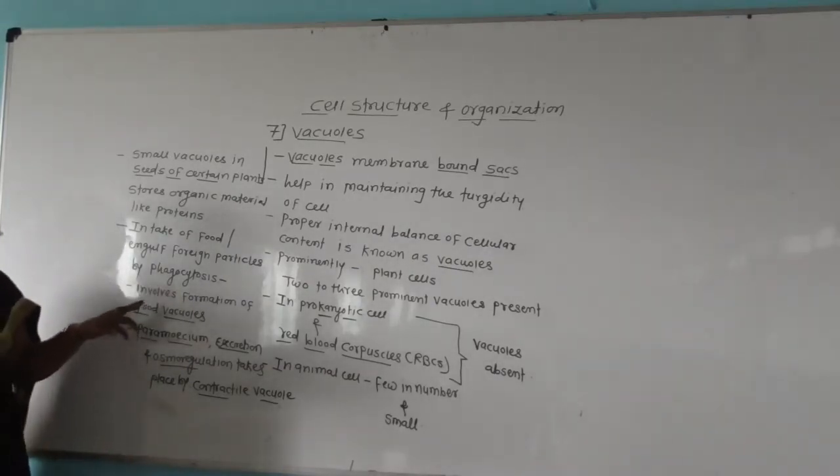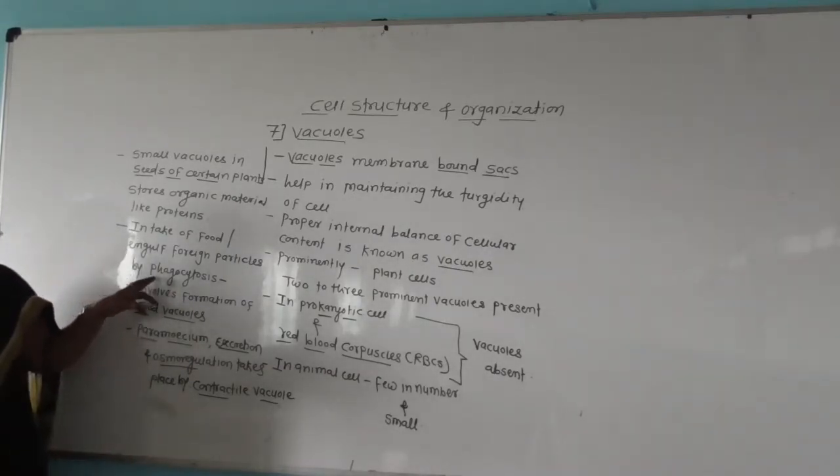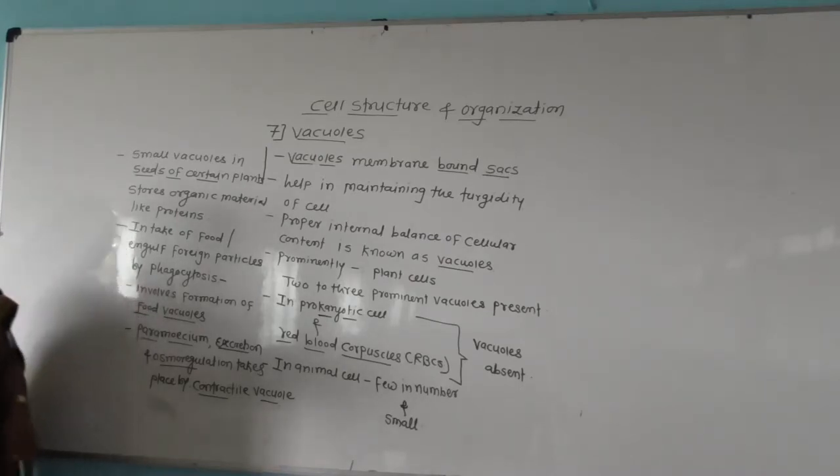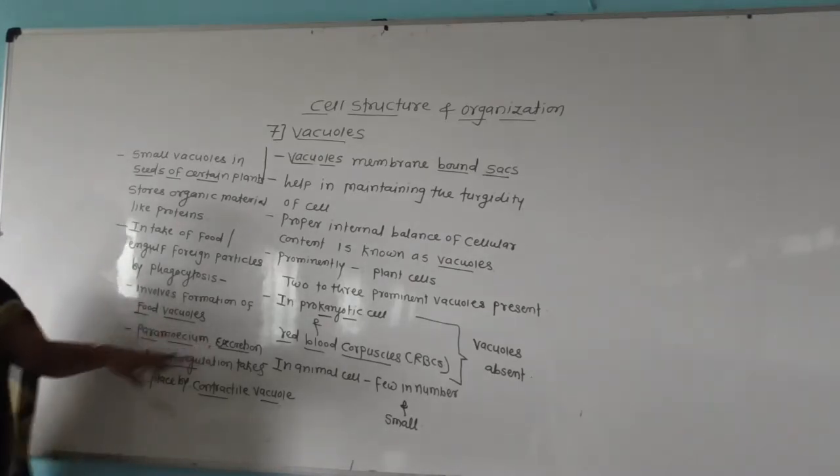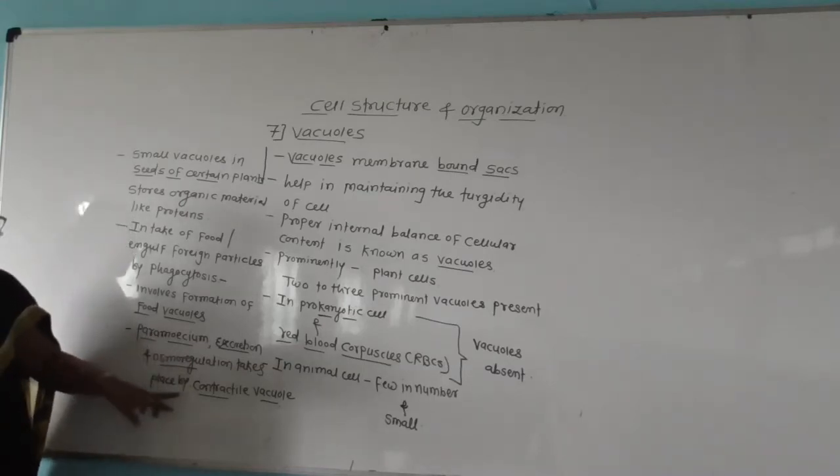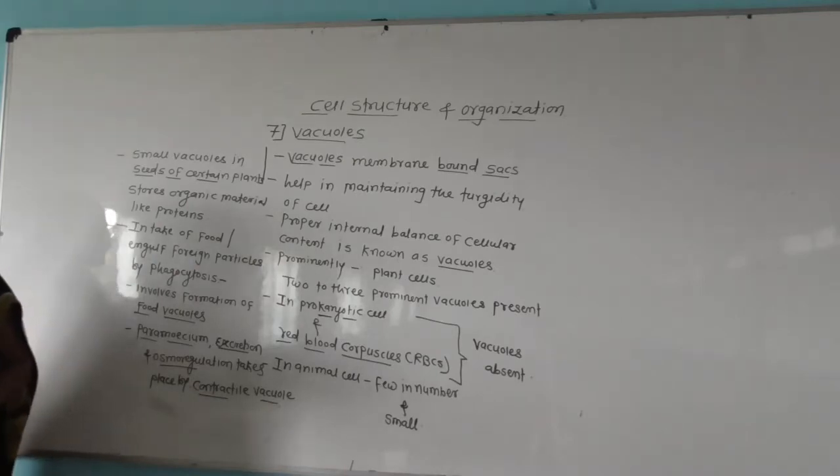Phagocytosis takes place by food vacuoles, and excretion and osmoregulation takes place in paramecium by contractile vacuoles.